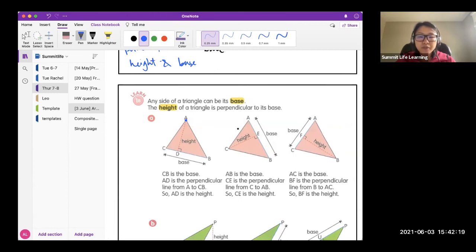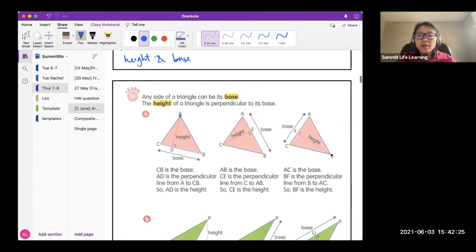So you will see that if the height has changed, the base will also change. Next, if you have B as the vertex, you drop a straight line to AC. Now AC will be the base and BF will be the height. It depends on the vertex that you have chosen, and you will have different heights and bases.